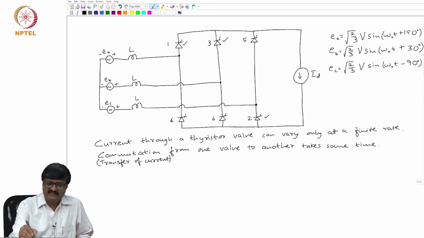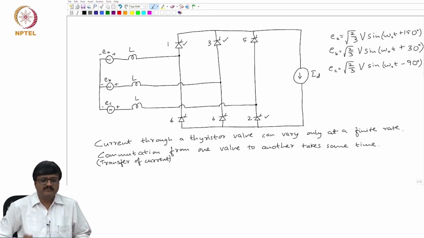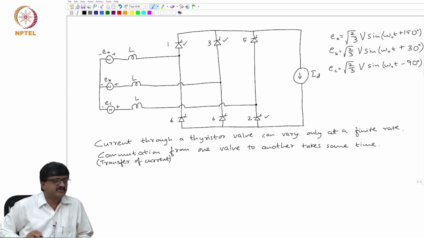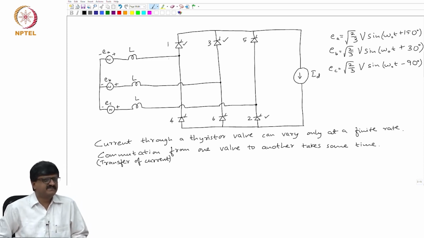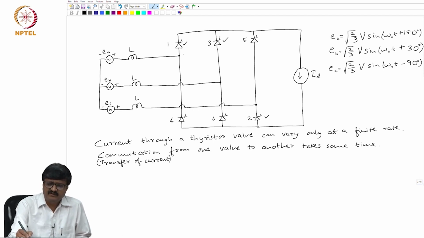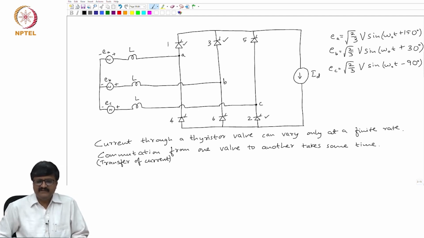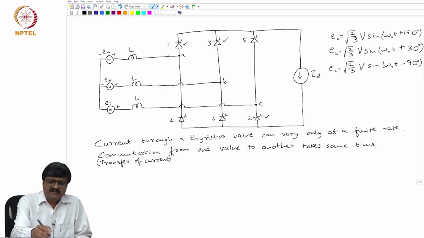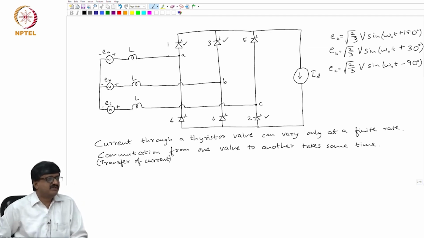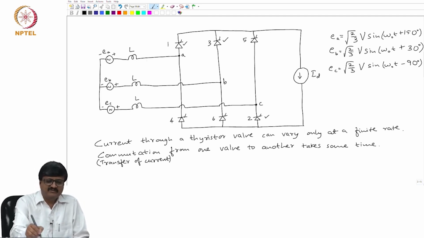Suppose there is a short circuit between any two AC side terminals, say point A, B, C, between A and B, or B and C, or C and A. What will be the current flow through the voltage source or inductance?